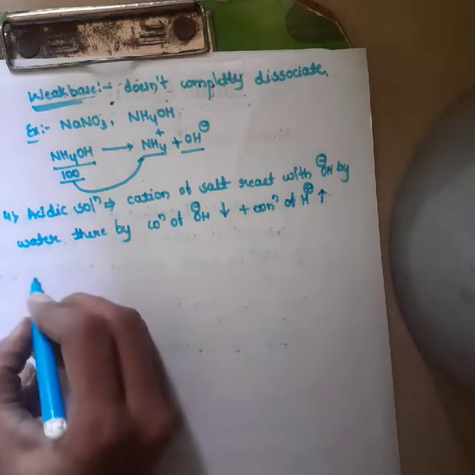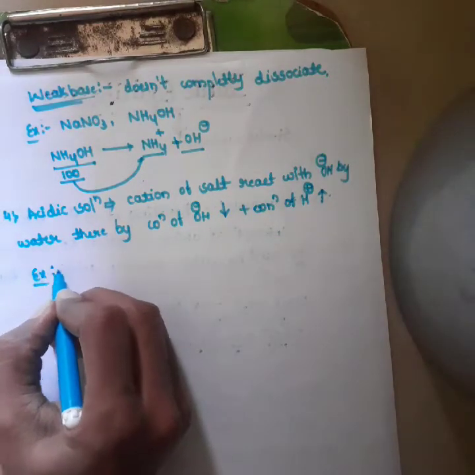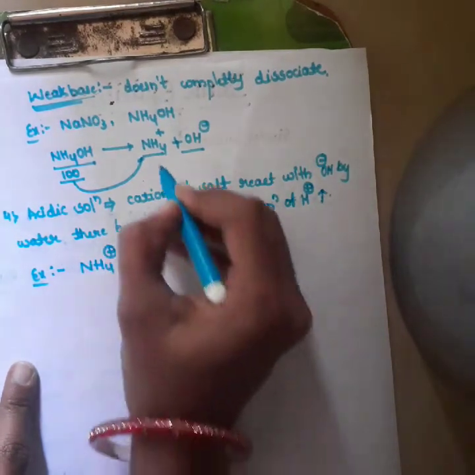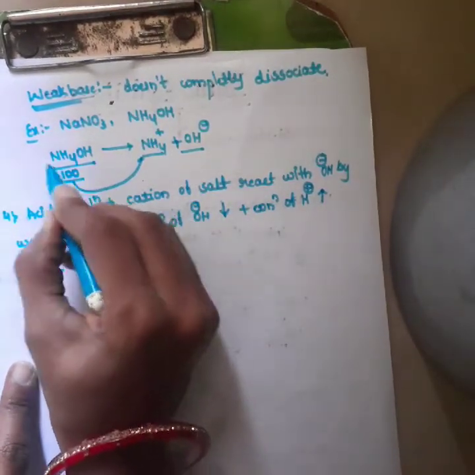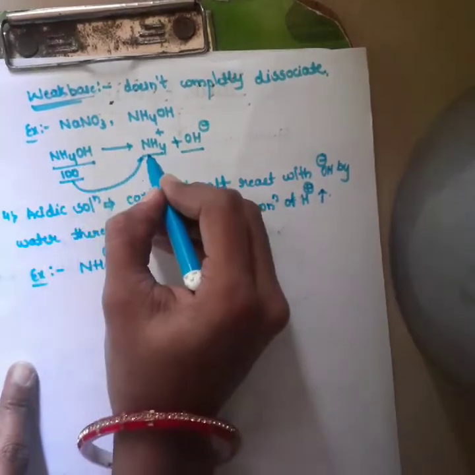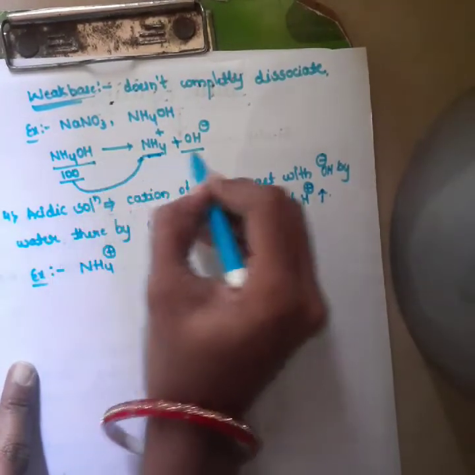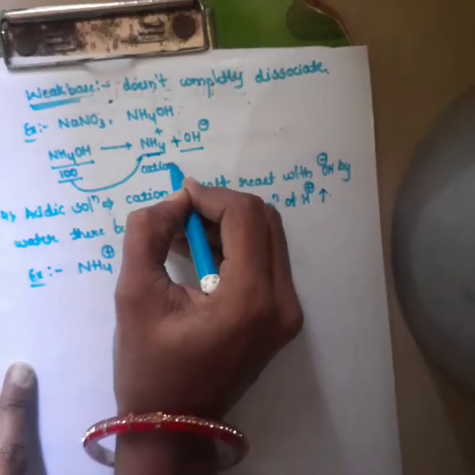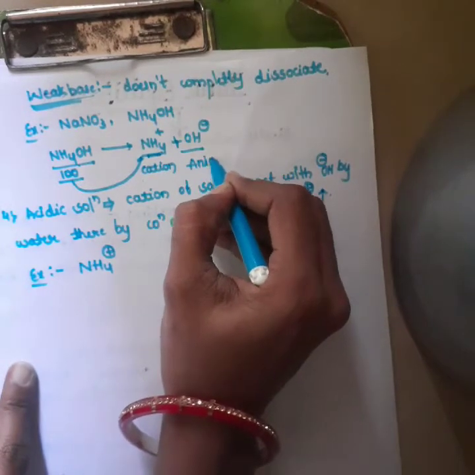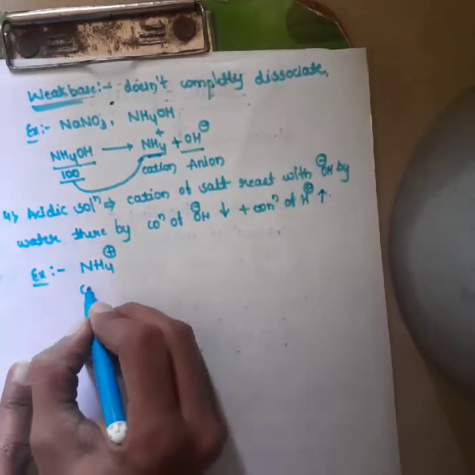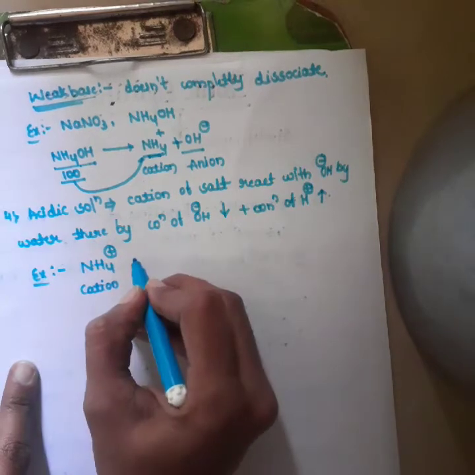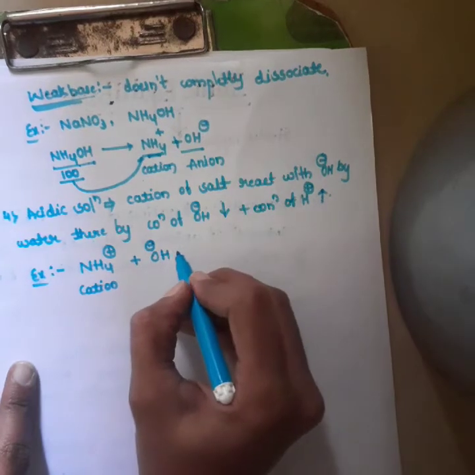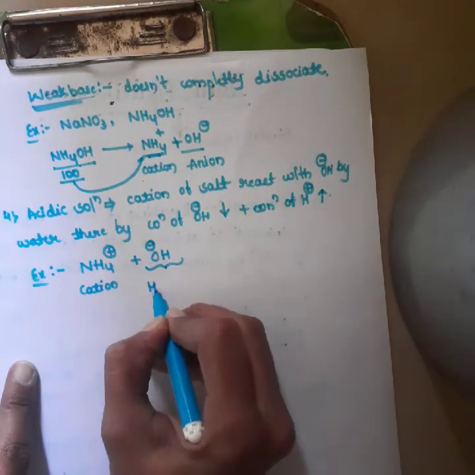What happened? Consider the example NH4 plus. This is the cation of the salt. Positive charge indicates cation and negative charge indicates anion. This cation of salt reacts with OH minus of water.